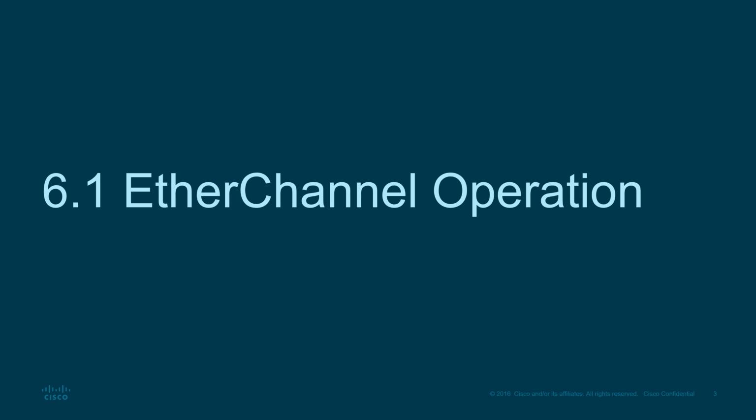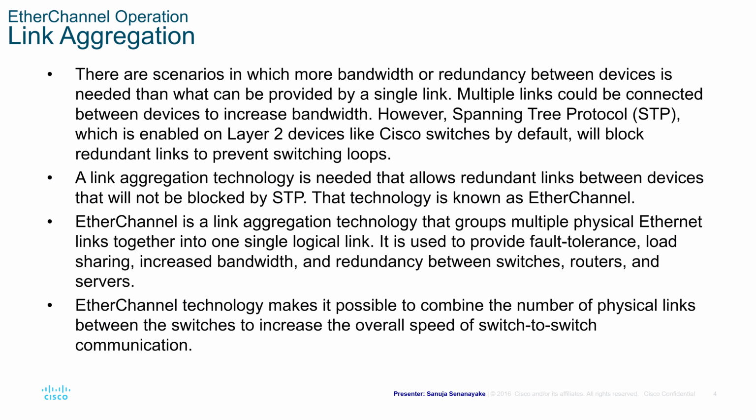EtherChannel Operation. Link aggregation. There are scenarios in which more bandwidth or redundancy between devices is needed than can be provided by a single link. Multiple links could be connected between devices to increase bandwidth.